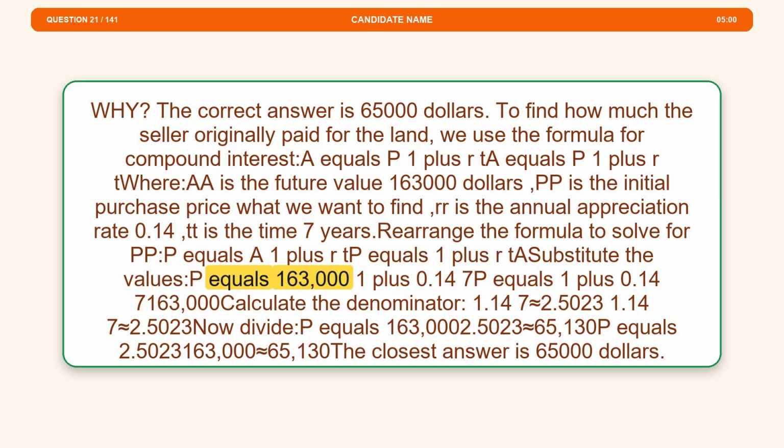Now divide: 163,000 divided by 2.5023 is about 65,130. The closest answer is $65,000.